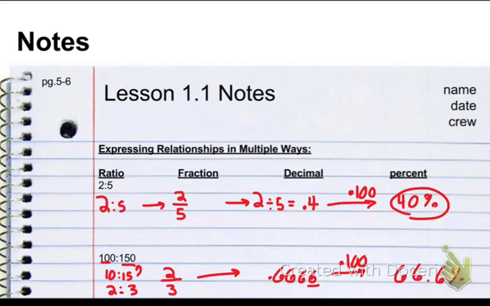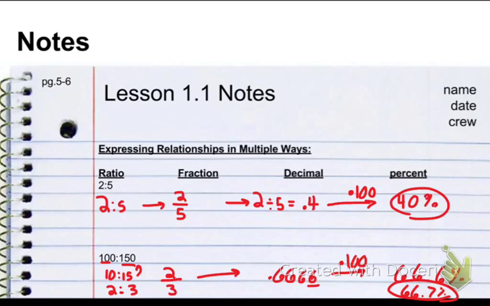If you wanted to round up, it would be 66.7% or even 67%. But let's just, for the sake of argument, pretend it's going to be around 66%. So as you can see, we can express the same relationship of two numbers or two values in very much the same way. And we toss around ratios all the time.